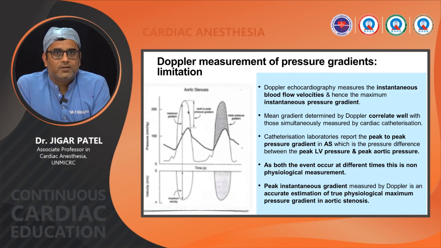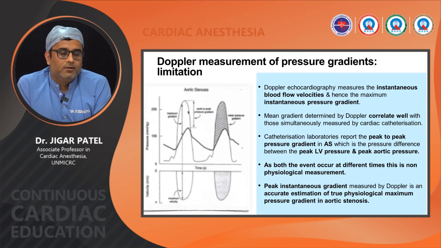They measure LVOT pressure and then aortic valve pressure, systemic pressure. They get the catheterization lab report of peak to peak pressure gradient in AS, which is the pressure difference between peak LV pressure and peak aortic pressure, which is slightly lower than the Doppler measured instantaneous pressure. The point is, as both events occur at different times, this is not a physiological measure.